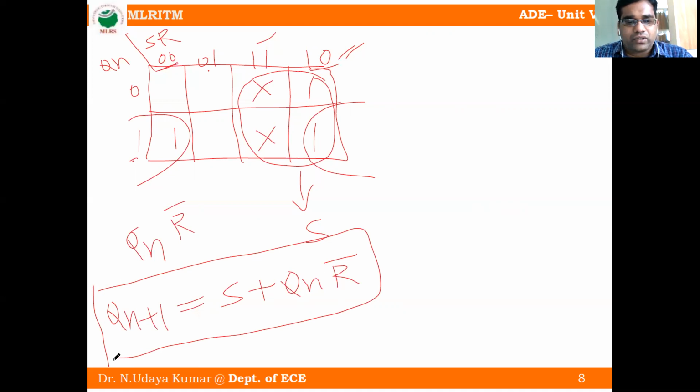So now, till now we've seen how to get the truth table from SR flip-flop block diagram. Then we've seen the equation for SR flip-flop. Now we will see the excitation table for SR flip-flop.